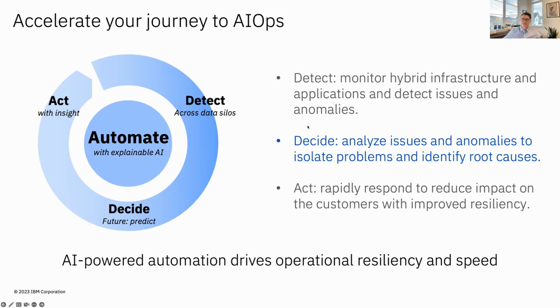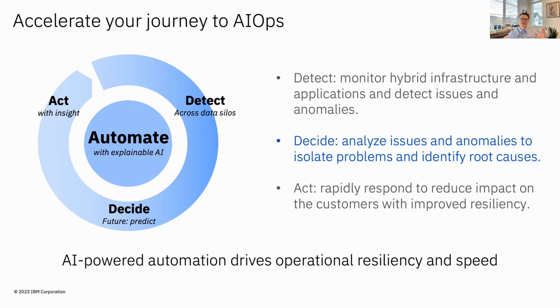So this is a framework that was developed by the IBM folks here, and this is something that we use as, let's say, a roadmap or a way to understand where our clients are on their journey to AI ops, and how we can provide not solutions but capabilities and areas to move you along that journey.